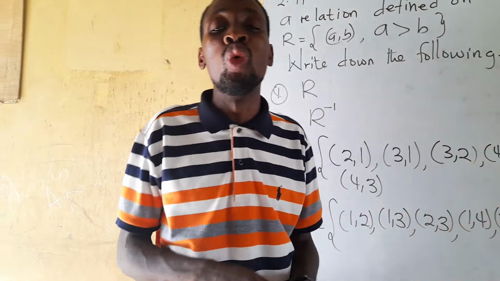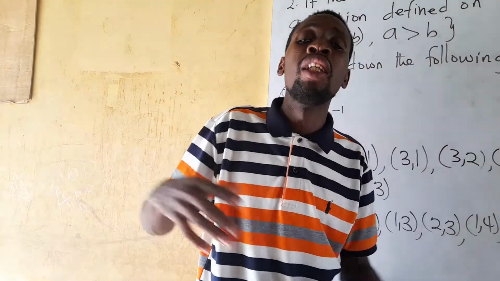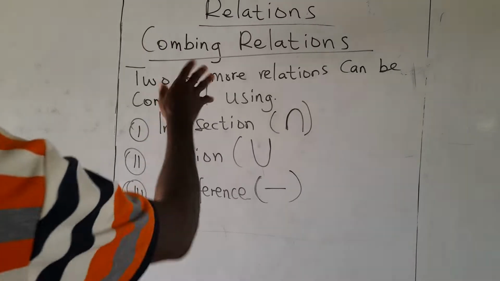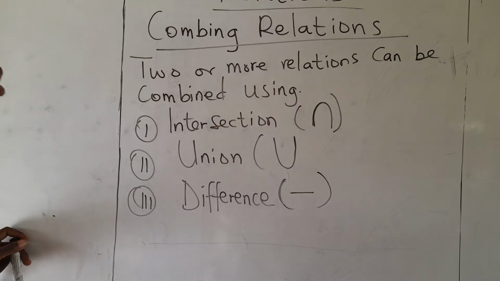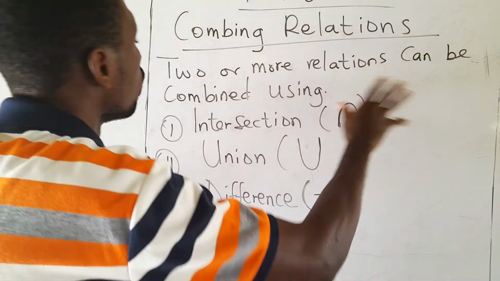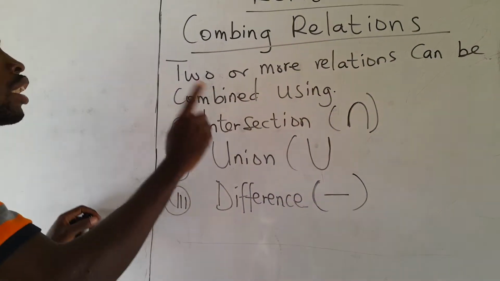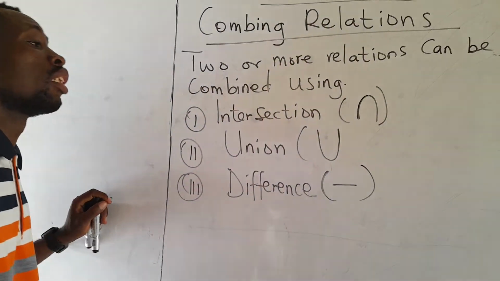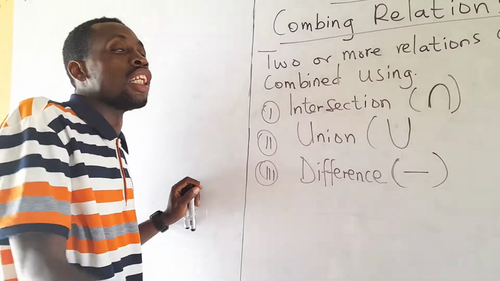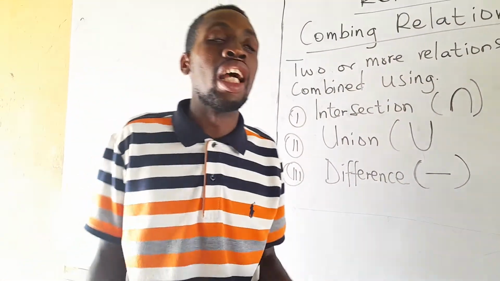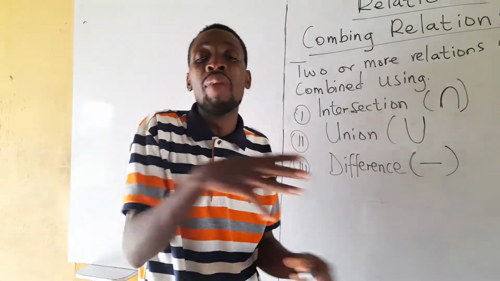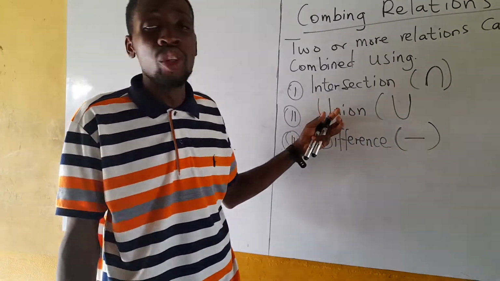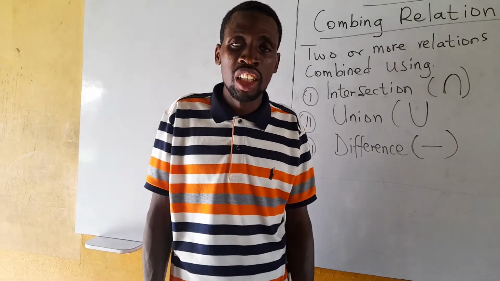The next thing we'll talk about is combining two relations. So we learn how to combine relations. We said two or more relations can be combined using their intersection, their union, and their difference. Intersection simply is the intersection of a set. The elements which are common in the two sets become the intersection. Their union means we put them together.